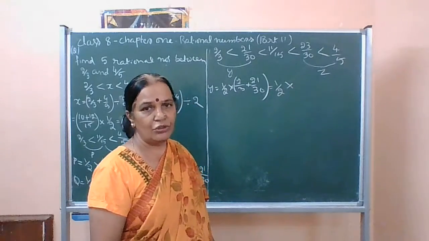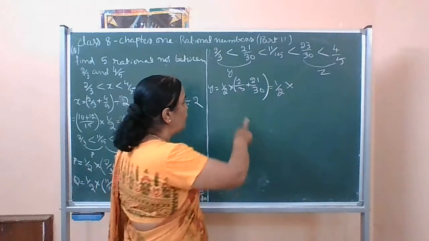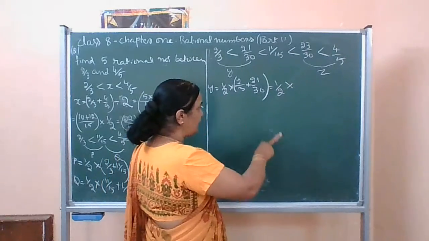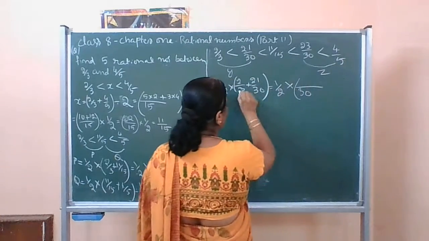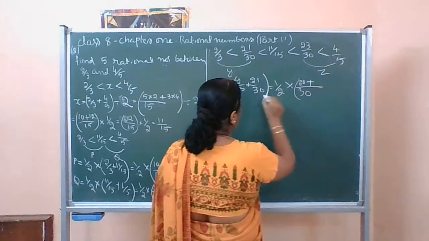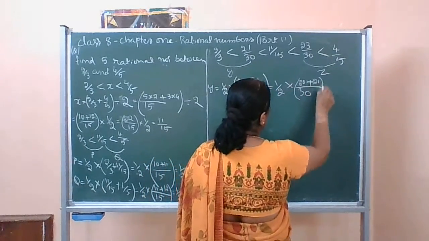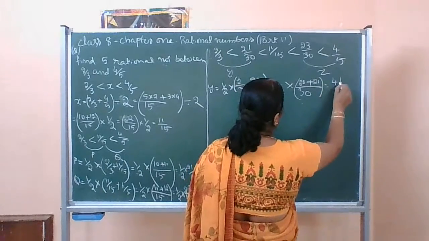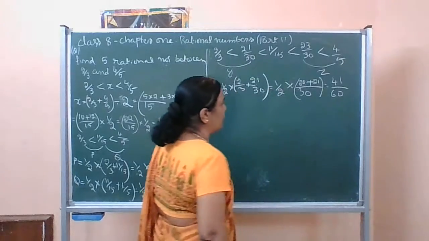By this time you should know how to find LCM easily. Now 3 into 30, LCM is 30. Now here 30 here, and then 3 tens are 30, therefore 10 twos are 20 here, and 30 ones are 30, and 1 into 21 is 21. Therefore, it is 41. 30 into 2 is 60 here.